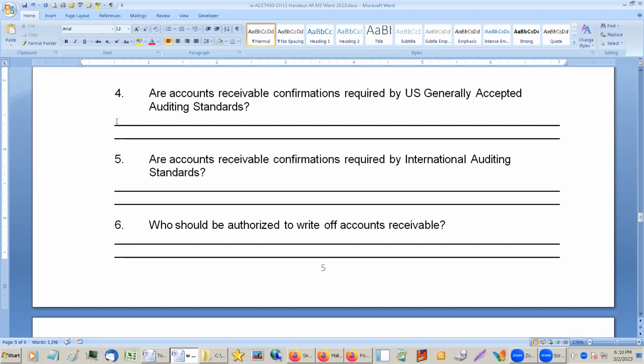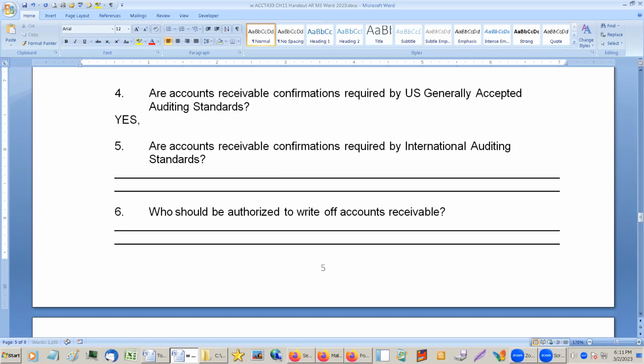Oh, this is a good one. Are accounts receivable confirmations required by generally accepted auditing standards? Yes, unless you have a really good reason.